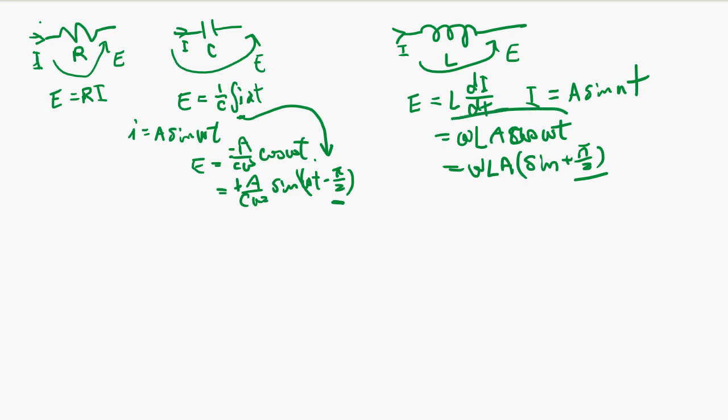So this is the same as a phase shift for the AC signal, and it will be expressed this way. When I is a sine wave, then E is going to be this negative cosine.